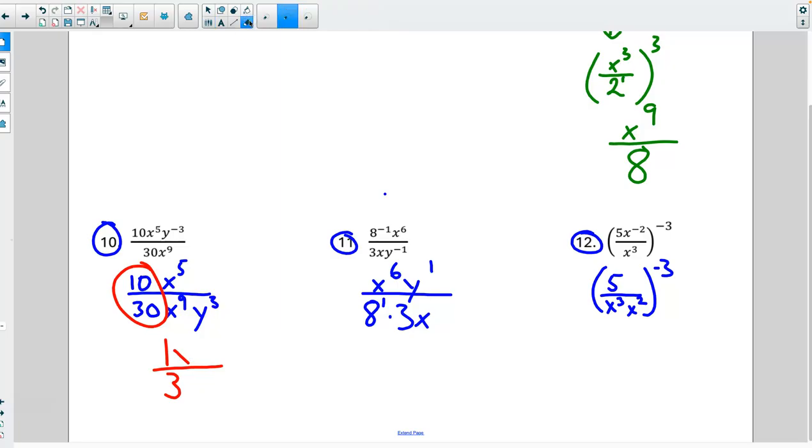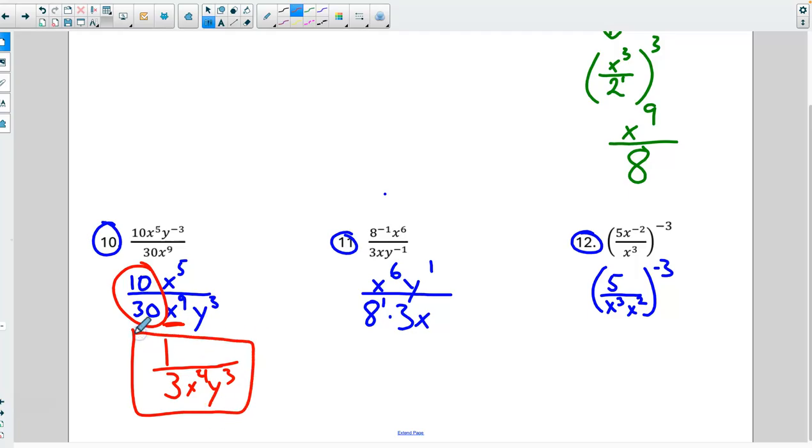There's going to be 4 x's down below though. And so we do get 1/3 times x to the 4th times y cubed. So again, just think about your numbers. If I have 5 x's there and I have 9 below, where's more x's? There's always going to be more down in the bottom, in the denominator. So that would be number 10.